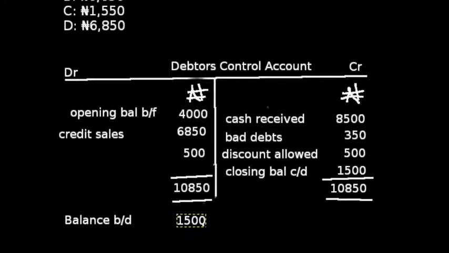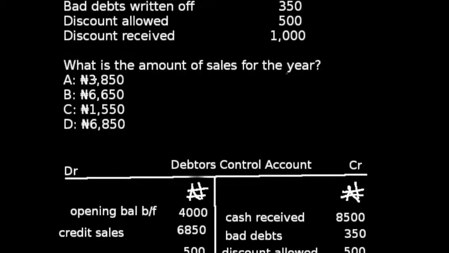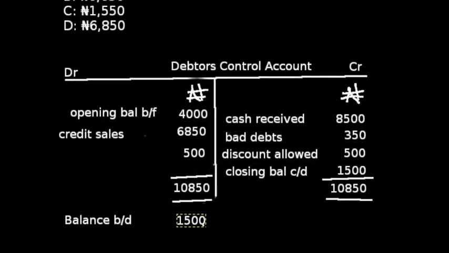Our opening balance was 4,000 naira. So we post the opening balance on the debit side. We call it opening balance brought forward, 4,000.